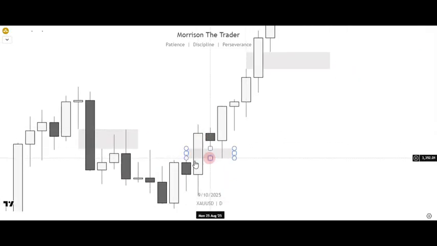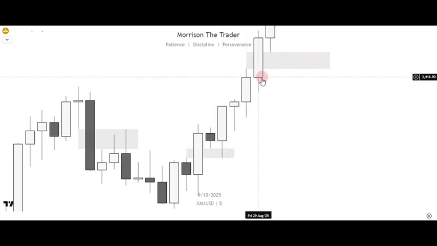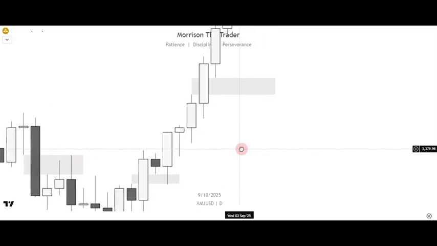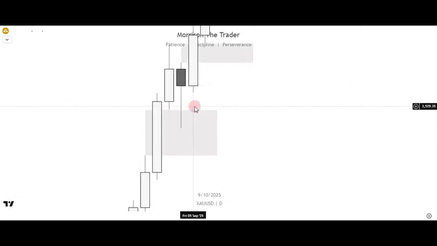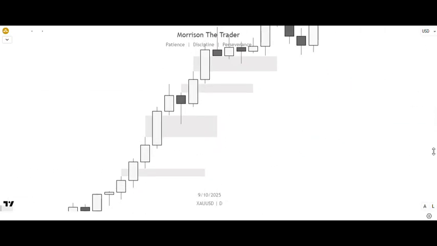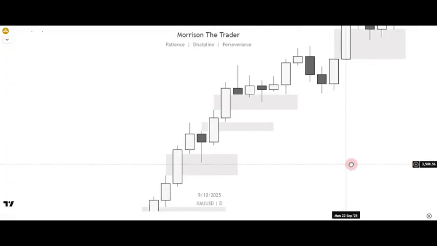When price came back into it, moved into it, closed outside, and then it moved price upwards. So bearish fair value gaps are resisting price from going up, supporting lower prices, and bullish fair value gaps are supporting higher prices, which means that when price comes into them, they are meant to push price higher when it is in an uptrend.